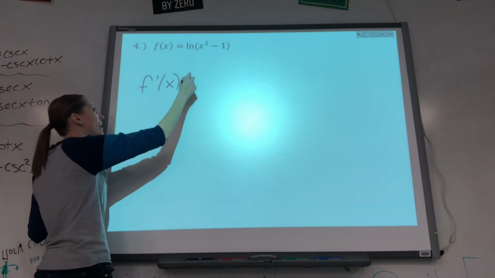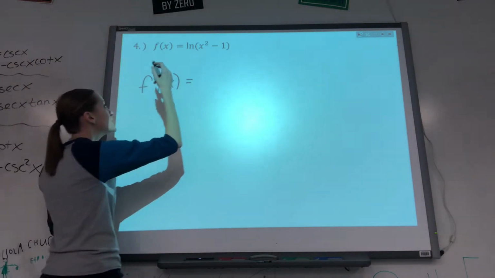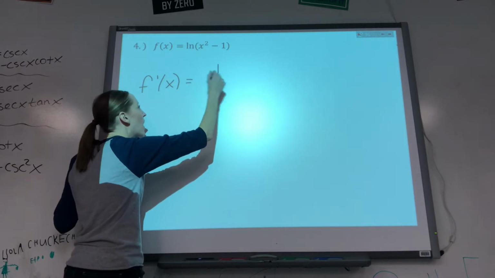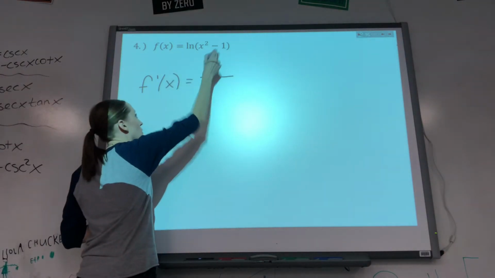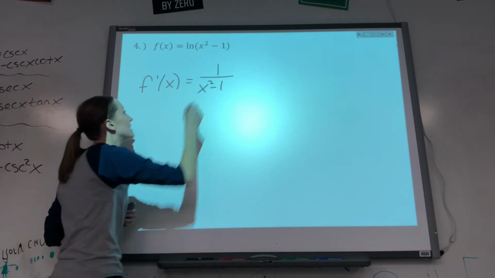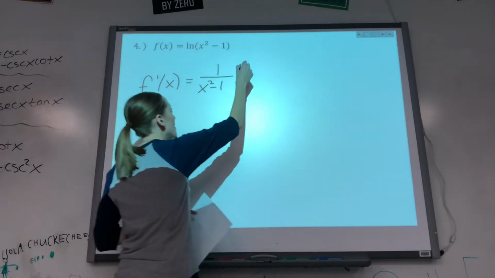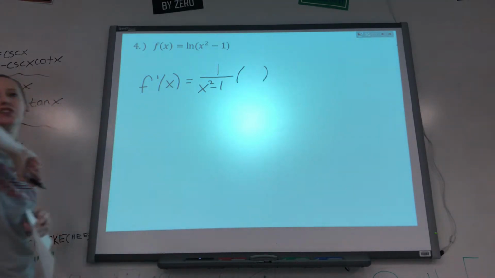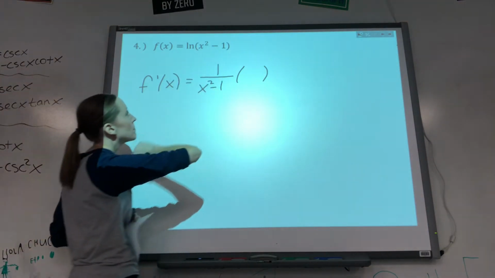So following that derivative for the u part, the derivative starts out with 1 over u. U for us is the x squared minus 1. But then I have to come back and take the derivative of u. So what's the derivative of x squared minus 1?